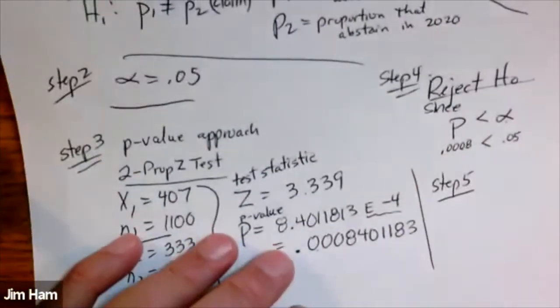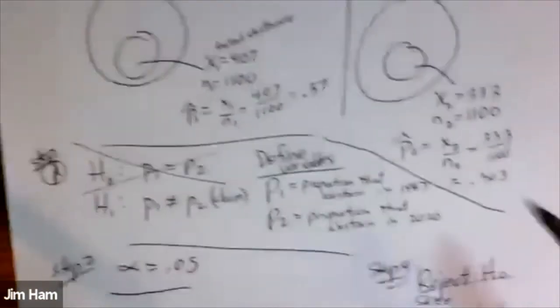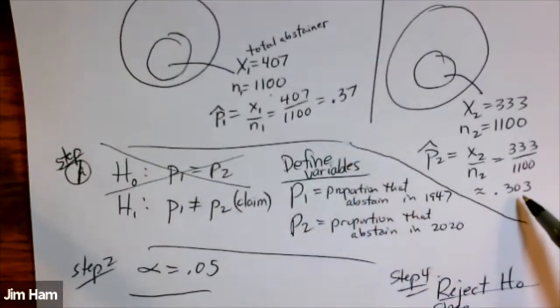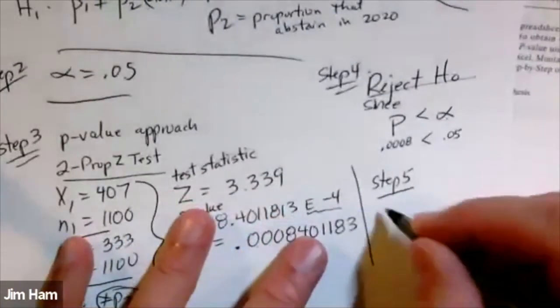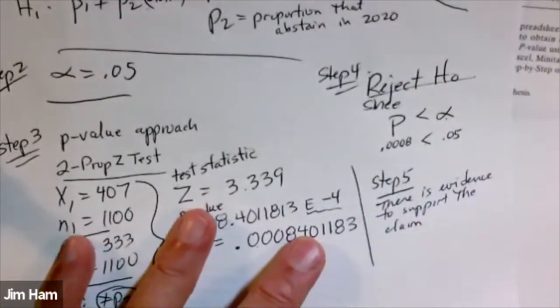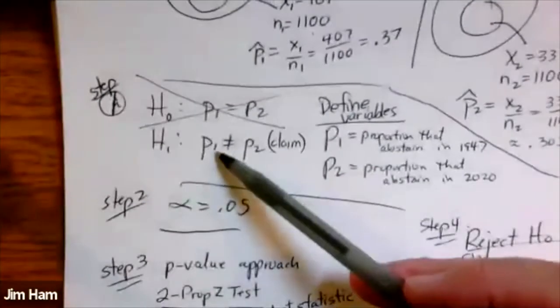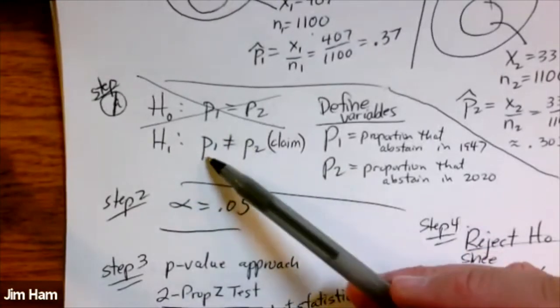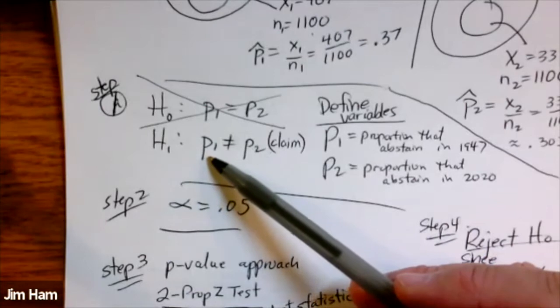This observed difference that we saw up here, 37% to 30.3%, is in fact statistically significant. So there is evidence to support the claim, and then you have to state in layman's terms what the claim was. The claim was that the proportion who abstain these days, versus back in 1947, was different.